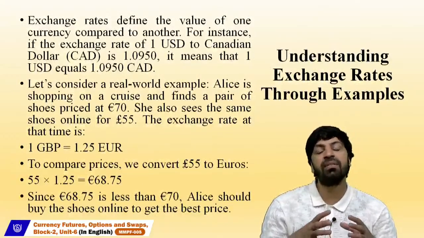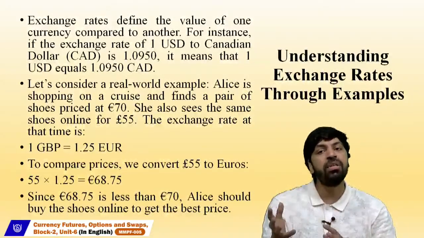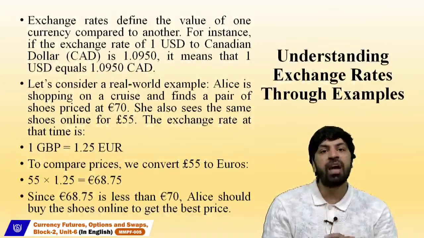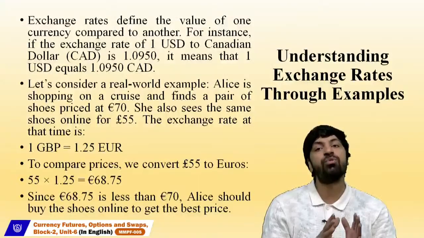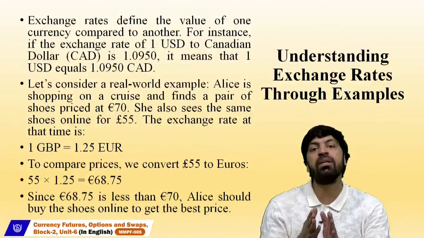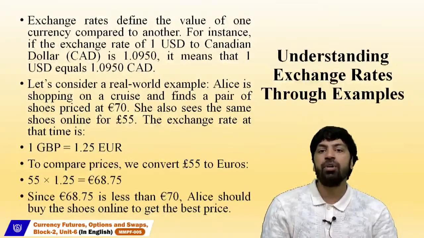So when we convert the price into the euro, we multiply the 55 pounds into 1.25, which is equal to euro 68.75.